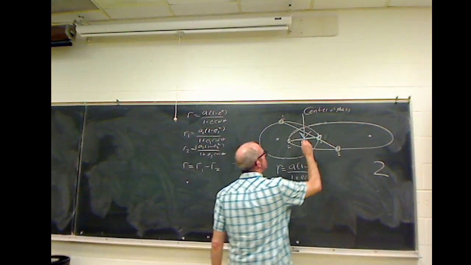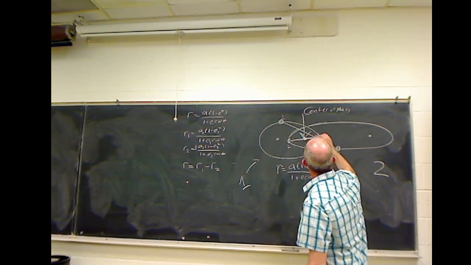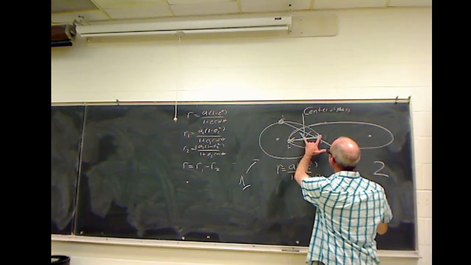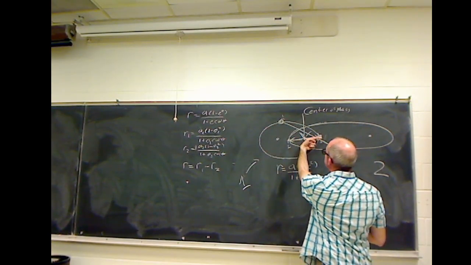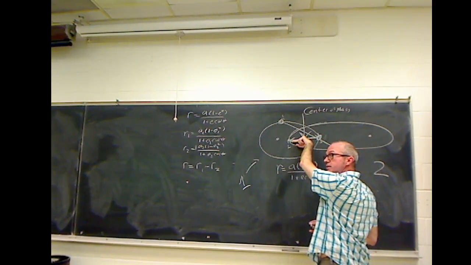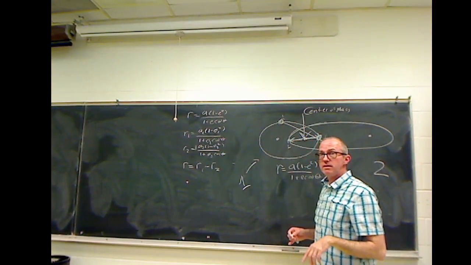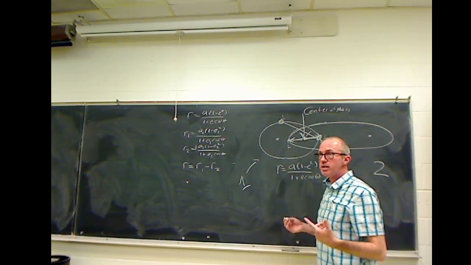Everything's measured relative to here, r1 goes like this and r2 goes like this. R is this plus this, or this minus this, but they're pointing in opposite directions. Oh, is that what that minus sign means? Yeah, because if r was at aphelion instead of perihelion, it would be r2 minus r1, even the way you've drawn it. It's always r2 minus r1.